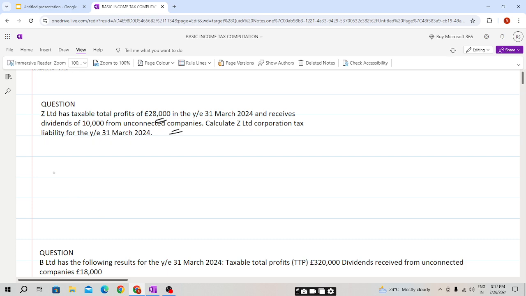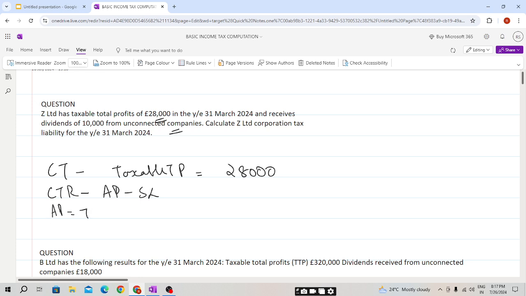So students, the corporation tax will be paid on the taxable total profits, that is 28,000, and now we need to determine the corporation tax rate. The rate will be determined by comparing augmented profits with the statutory limit. Augmented profit will be TTP plus dividend from non-associated company, meaning non-connected company.